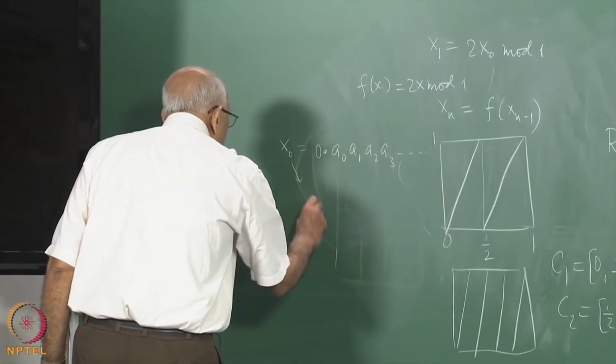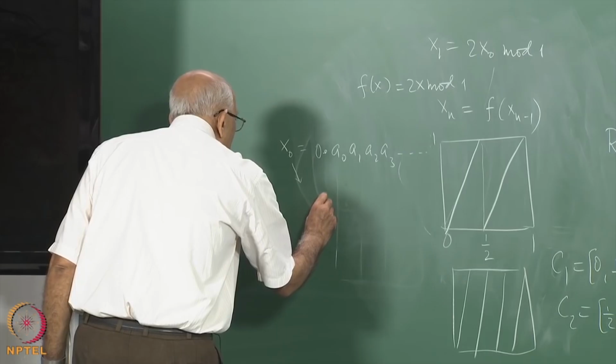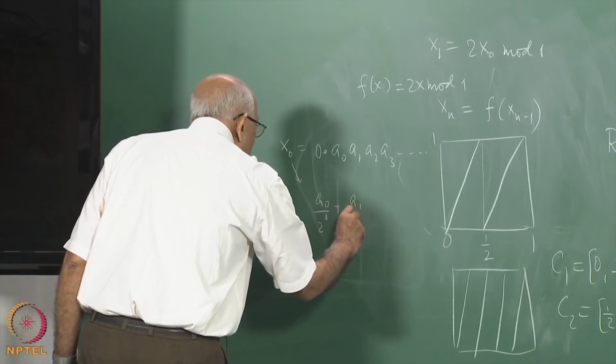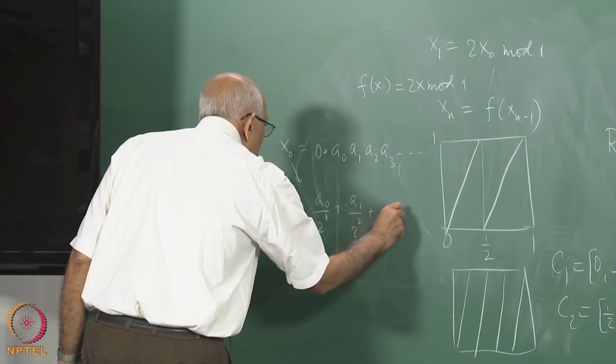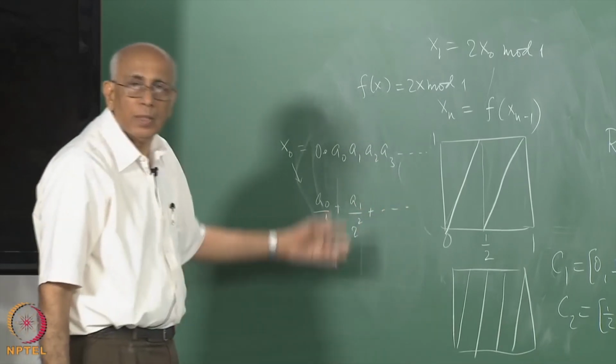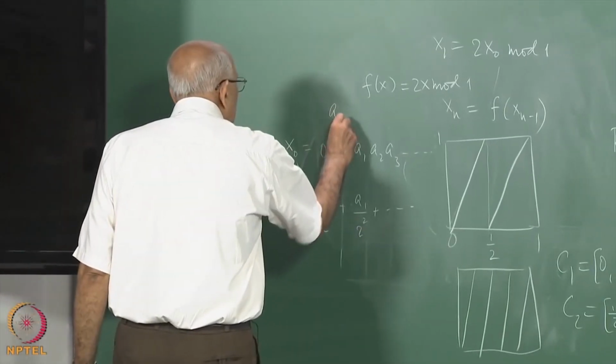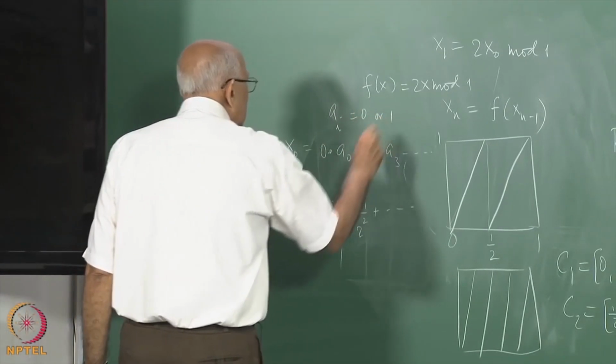And what does this stand for? This number actually stands for A0 divided by 2 to the 1 plus A1 divided by 2 to the 2 plus dot dot dot. That is what this stands for in binary. So each Ai equal to 0 or 1.